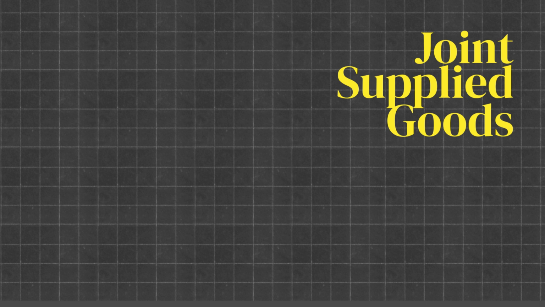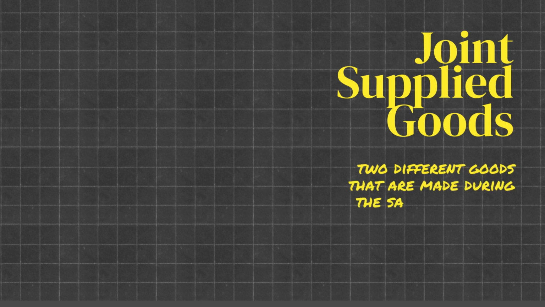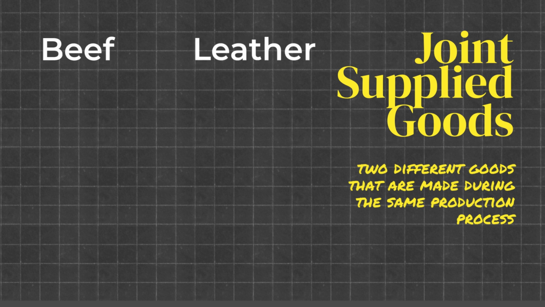Joint supply goods are two different goods that are made during the same production process, so that the creation of one causes the creation of the other. A good example of this is beef and leather. Beef comes from the meat of a cow, and leather comes from the skin of a cow. So by producing more beef, you'll automatically also produce more leather at the same time.